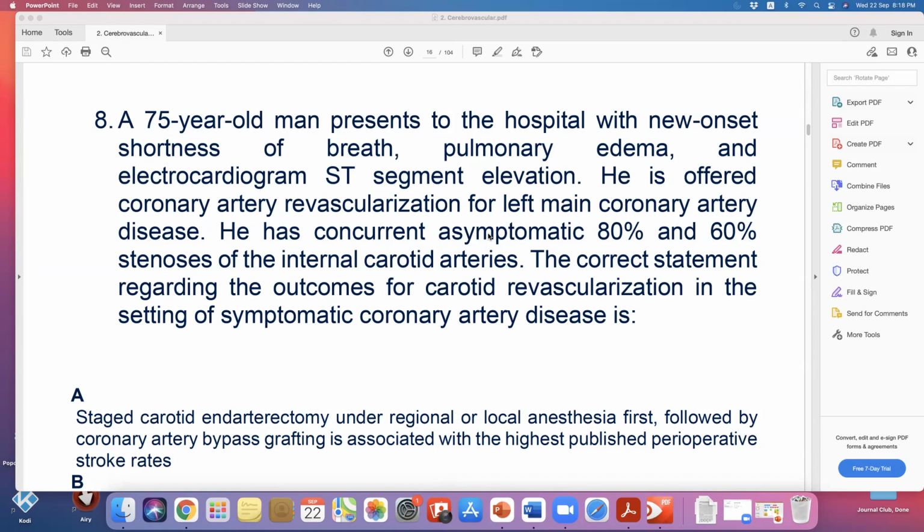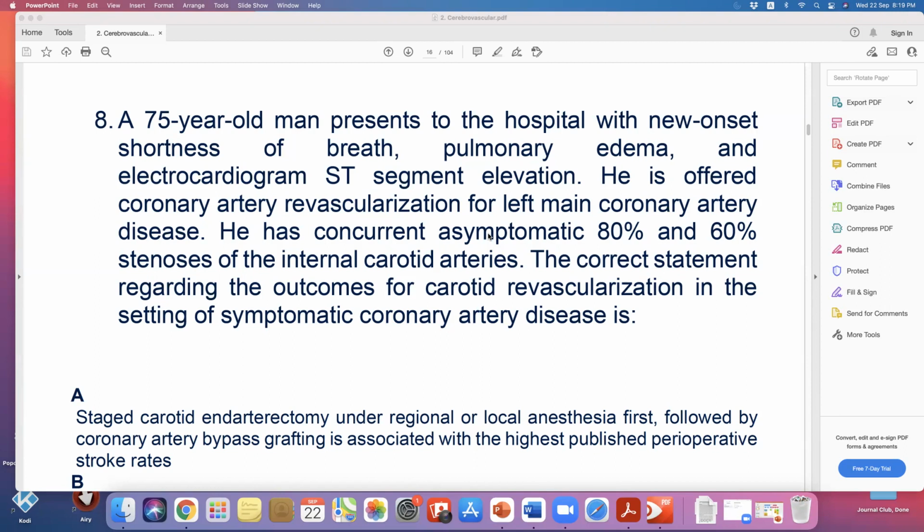Now, Samer, can I say? Yes. I think the key points in this question are two. Revascularization of the left main coronary artery, which is an urgency. And the other point is the carotid stenosis is asymptomatic, 80%.